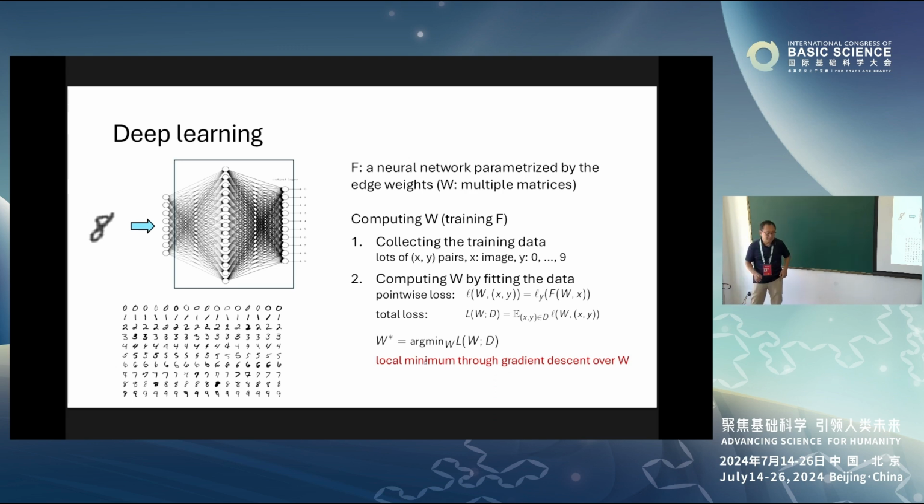But this has changed in a big way recently. Now the program has been replaced by a continuous function. Of course, the main one is a neural network. What kind of network it is is less important, but this function can be parameterized by a bunch of weights.